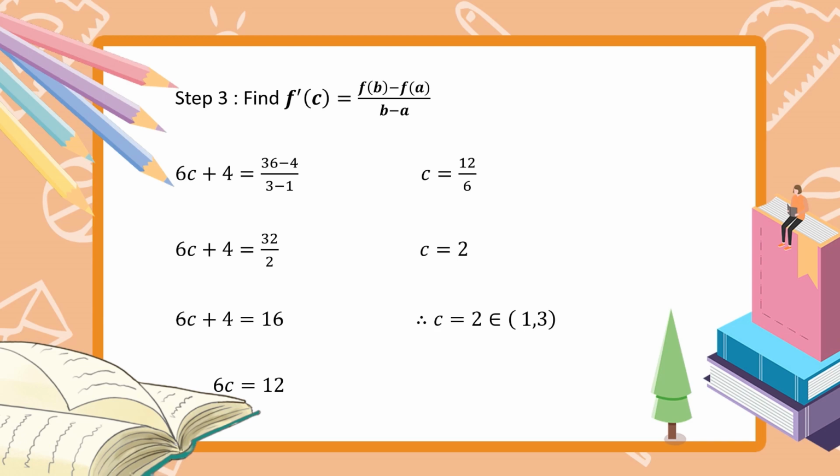Simplifying the equation, we get c equals 2. c equals 2 is an element of the open interval (1, 3).